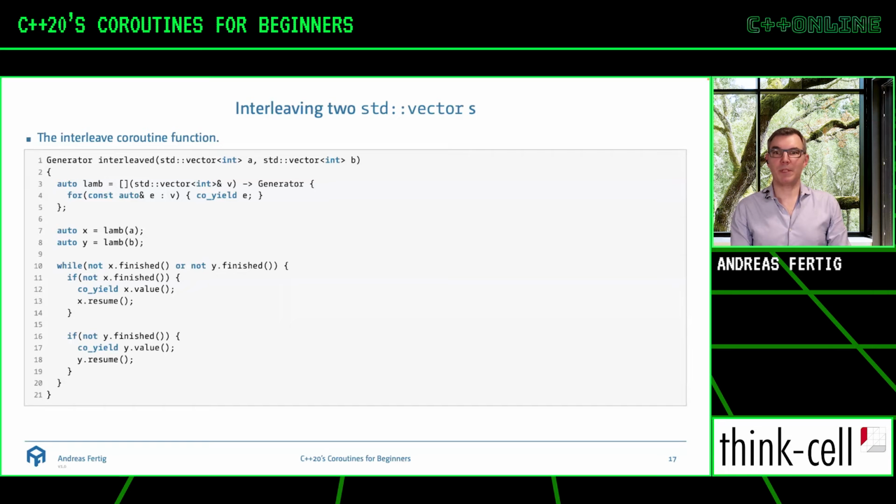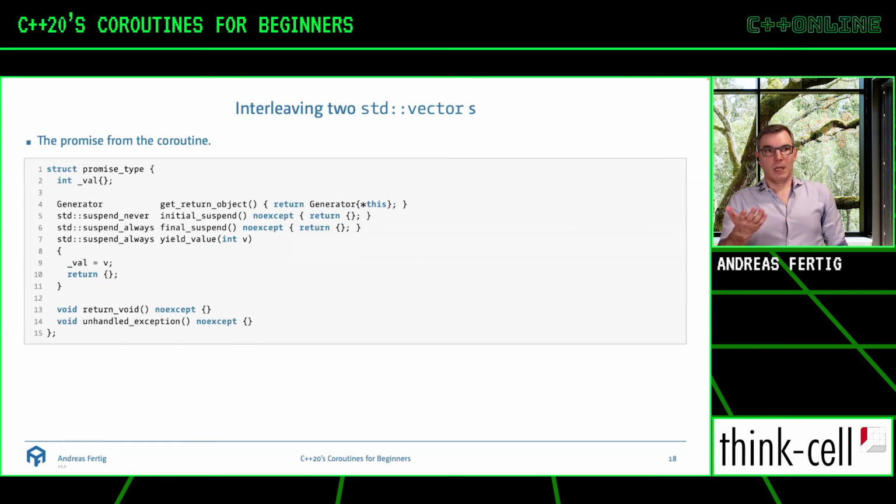How does the wrapper type and the promise type look? Here you see the promise type of my coroutine generator. The promise type, this time in line number 2, stores an integer, int_val. The get_return_object customization point returns a generator, same pattern as before. Initial suspend now says never.